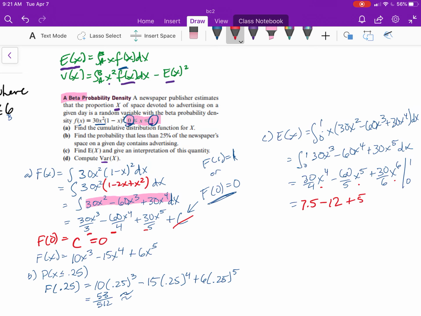So now we get 12.5 minus 12, so we just get 1/2. Okay, the expected value is 1/2, right in the middle. So what does that mean? Interpret it. So on average, half the space is devoted to advertising, or dedicated to advertising.